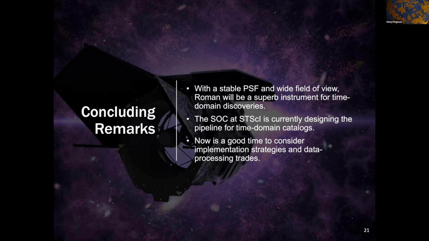Can we make a template on the fly and subtract it? Or rather to do that based on a template that's constructed from uniform data products only on the survey areas. So in some sense, we're interested in science use cases to help us decide what makes the most sense for serving the broadest community.